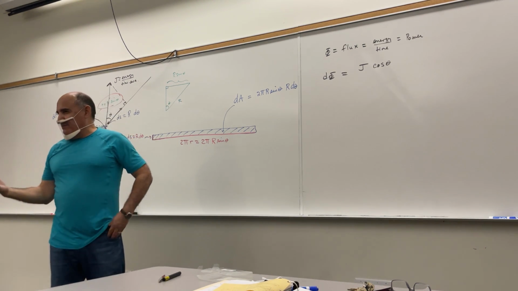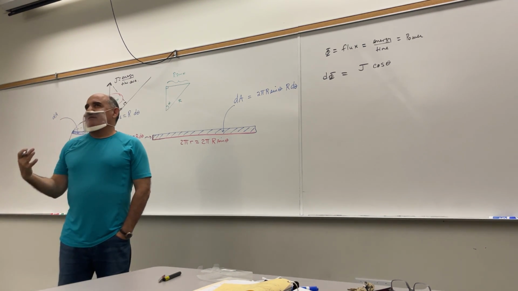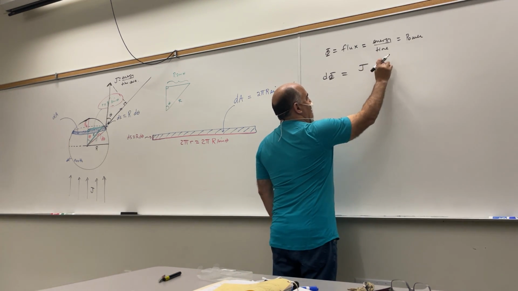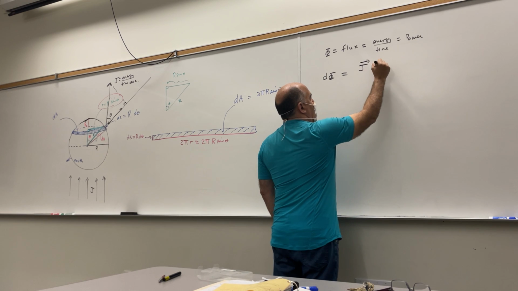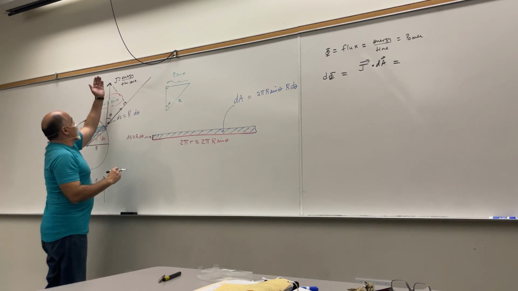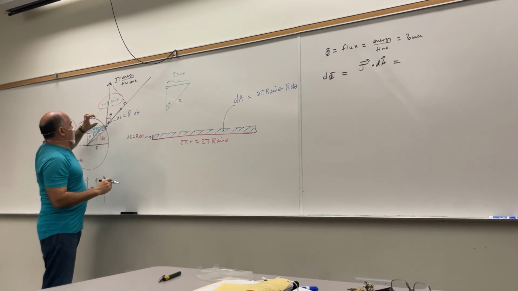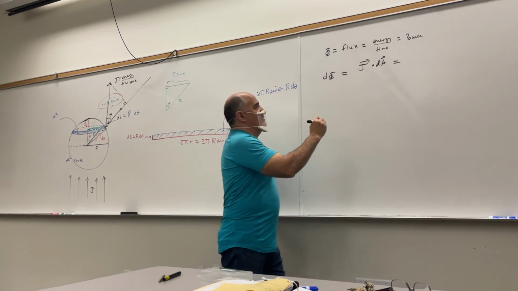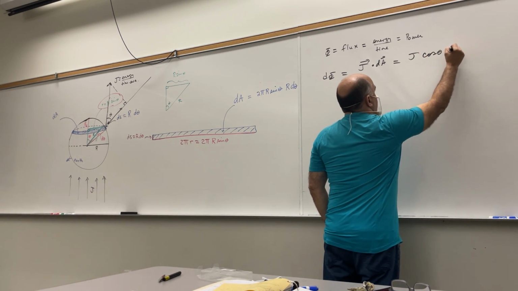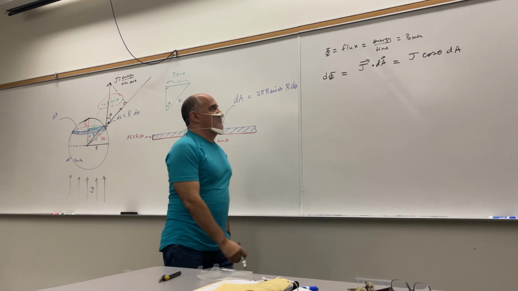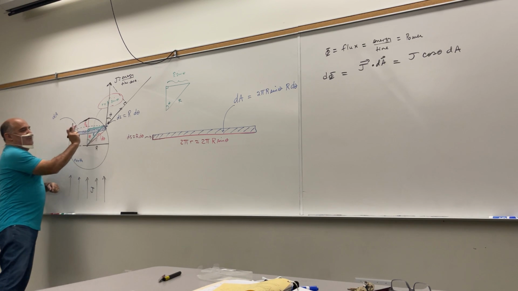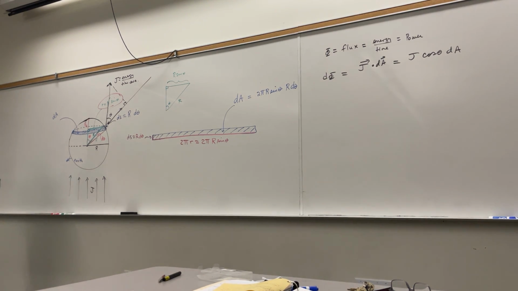Actually, the more general definition is J dotted with that area, so it would be J cosine of theta times the area, dA. That's just because of the dot product. So that's the flux of radiant energy through this strip in blue.